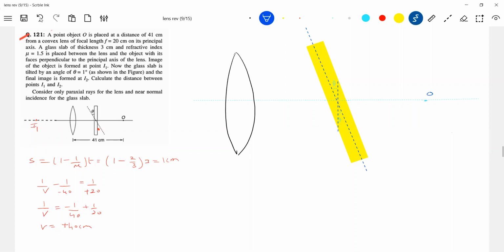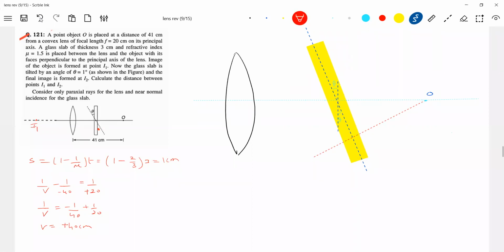For the last part, a near normal incident for the glass slab, there'll be a shift along the incident ray. Near normal shift means I should make the ray now incident normally.